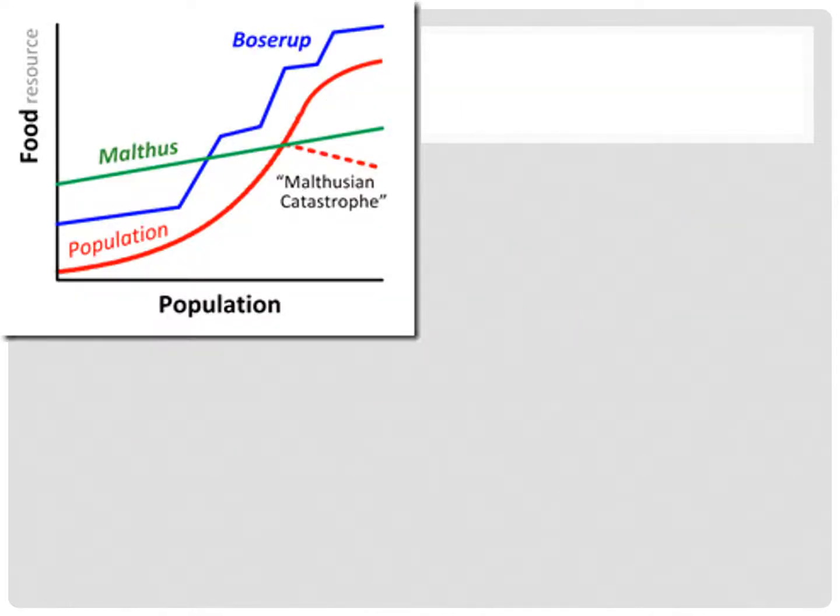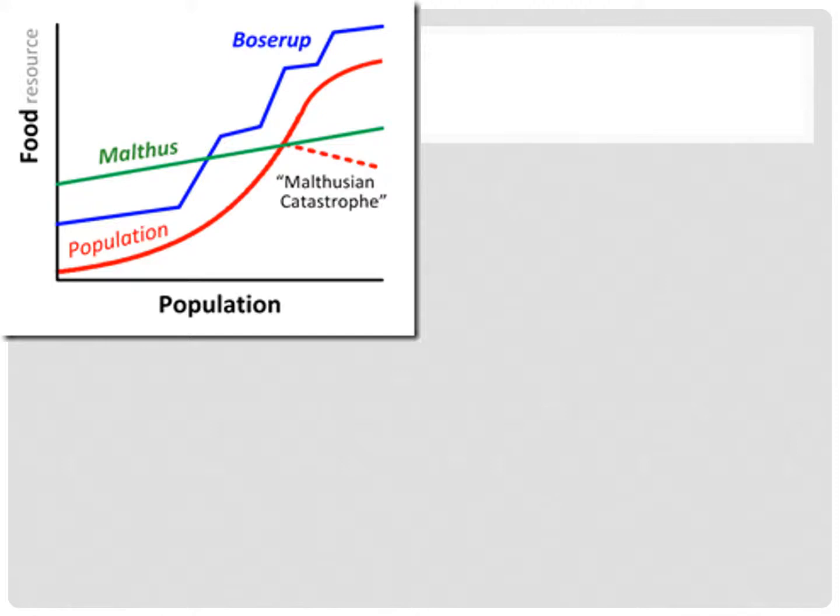In the upper left-hand corner, what we see is a chart comparing Malthus and Esther Boserup. Now, remember that Malthus argued that population grows geometrically. He argued that it would grow geometrically forever, but that was because he was in stage 2 of the demographic transition model, and no one had ever seen stages 3 and 4 when population actually levels off. In addition to that, Malthus argued that food grows arithmetically. So Malthus believed that the point where population exceeds food supply would lead to some kind of Malthusian catastrophe.